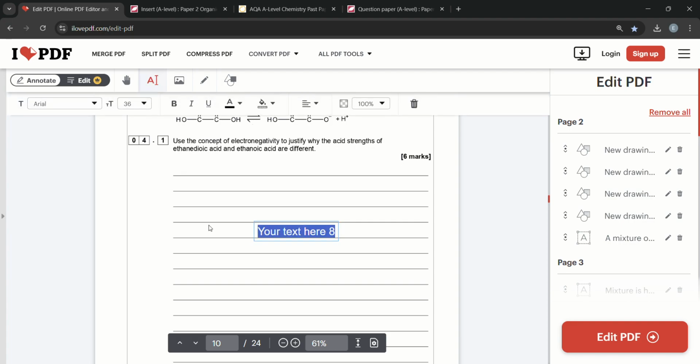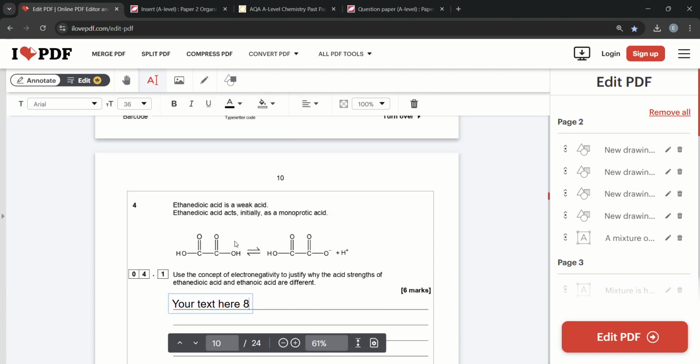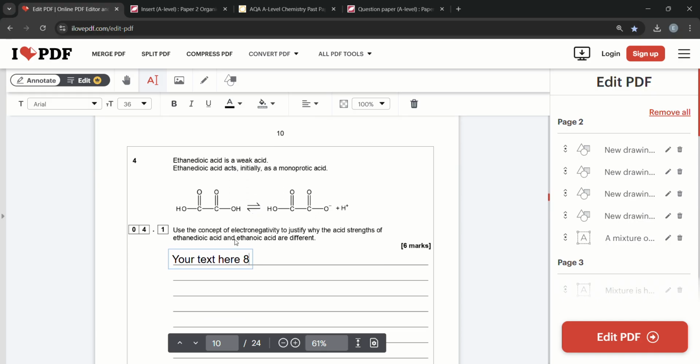Question 4. Use the concept of electronegativity to justify why the acid strengths of ethanoic acid and ethane dioic acid are different. Let's go through the structure of the two acids.